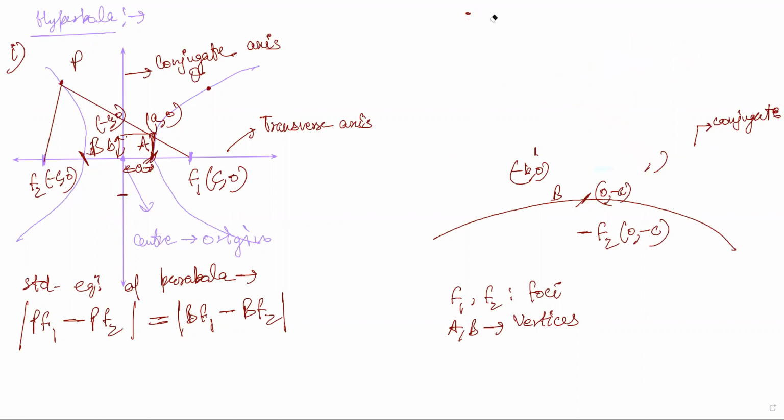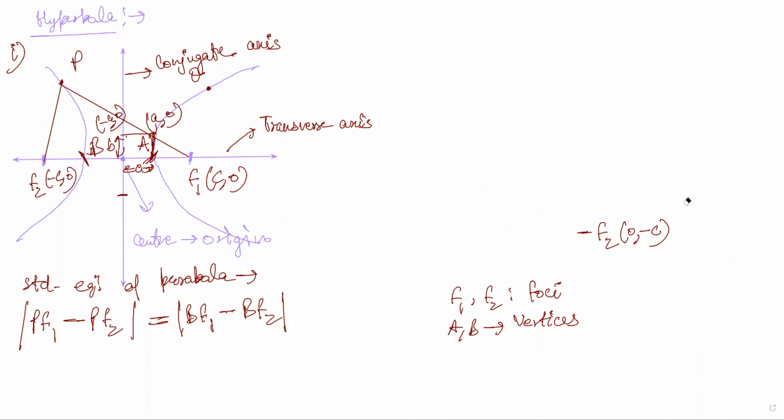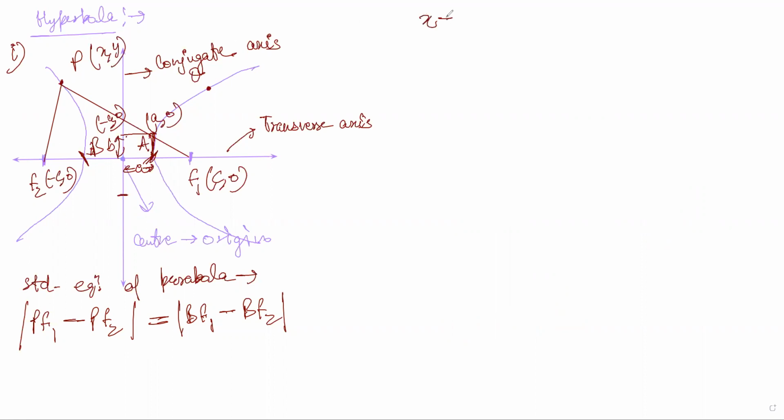So if I use this definition of hyperbola, that the difference of the distance of any point from foci will be constant, then I can write this as PF1 minus PF2 is equal to PF1 minus PF2, right? Now PF1 would be what? Let's call this point P as x comma y. So PF1 distance would be root of x plus c whole square plus y minus 0, that is y square.